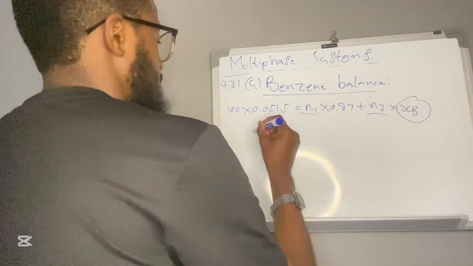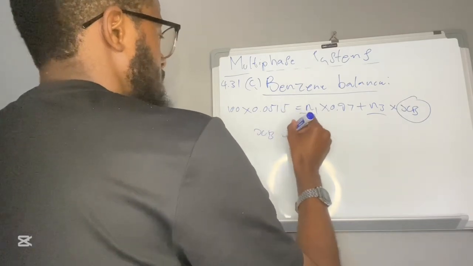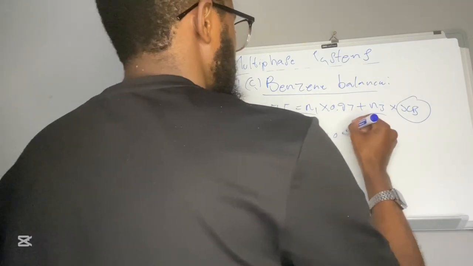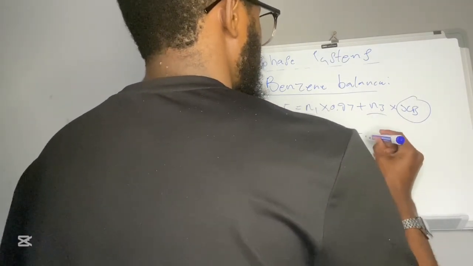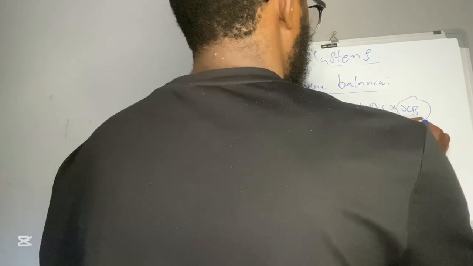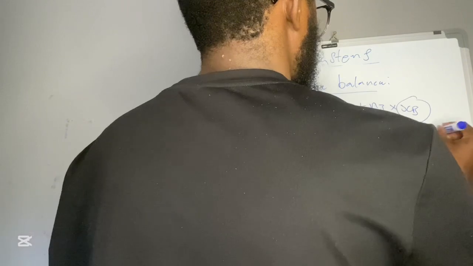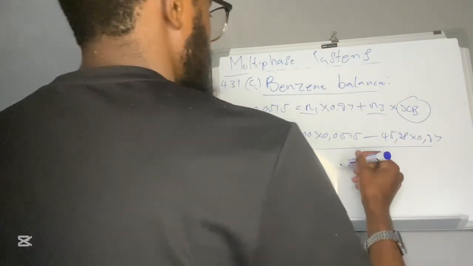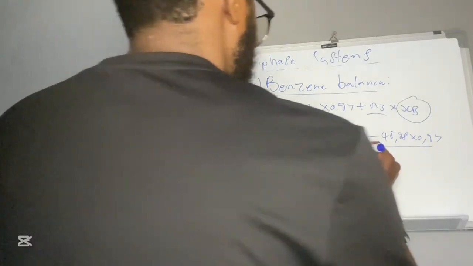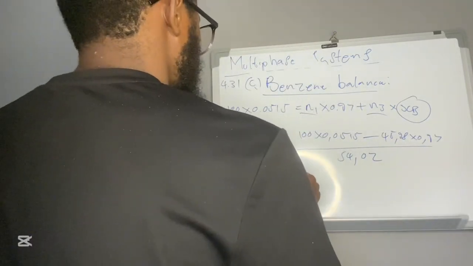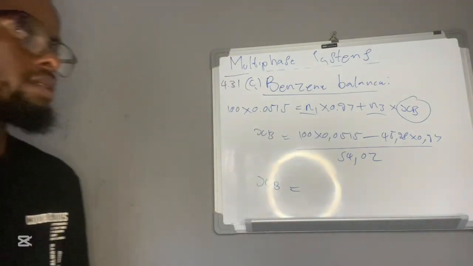So XP equals 100 times 0.0515 minus N1, which was 45.98, times 0.97, all divided by N3, which was 54.02. Now you will find your XP.